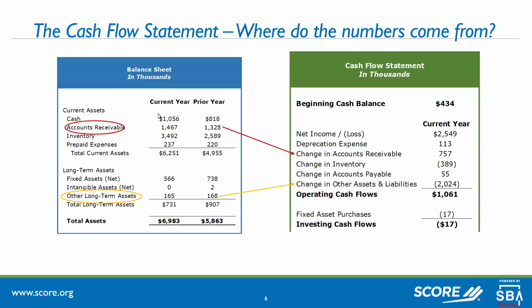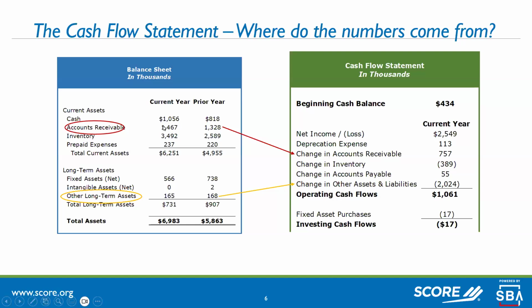And if we go back real quick, here's our cash balance. And this is another indication that the starting and ending periods are a little bit different, because our beginning cash balance here is 434. Prior year, this snapshot or balance on the balance sheet is 818. So that's another way to tell you that there are some other changes or different periods in between, so it's not necessarily going to be the change between this one and this one.